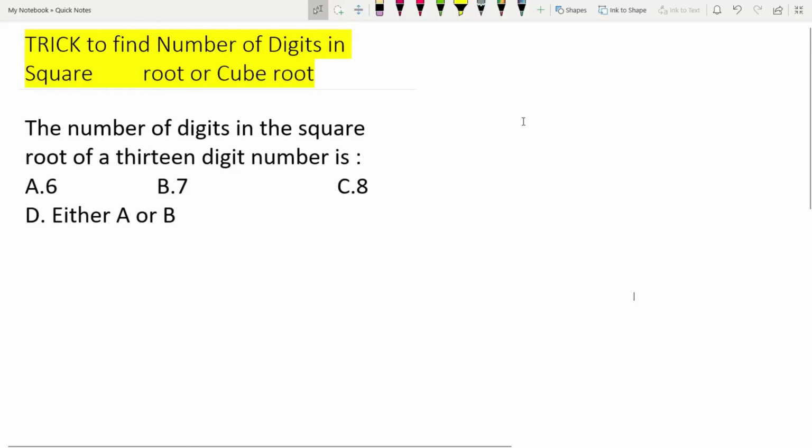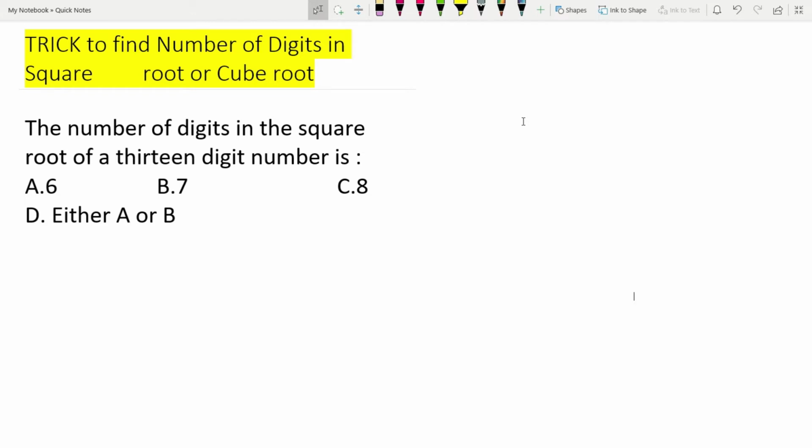So, welcome to today's session, and today we are going to cover a very tricky type of pattern of questions. These questions appear very often in your examination. We are going to discuss the tricks to find the number of digits in a square root or cube root.